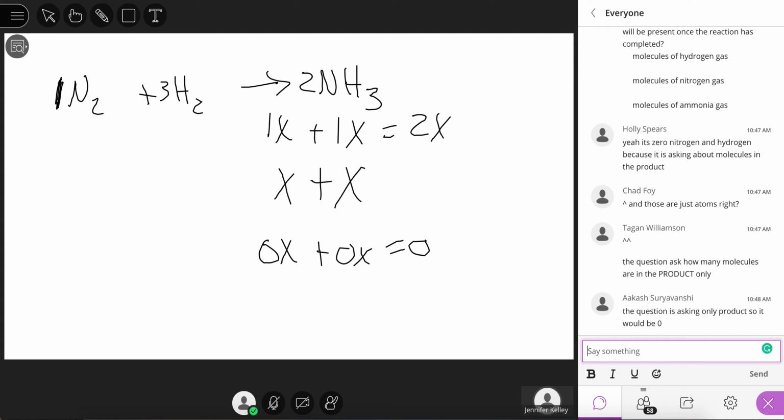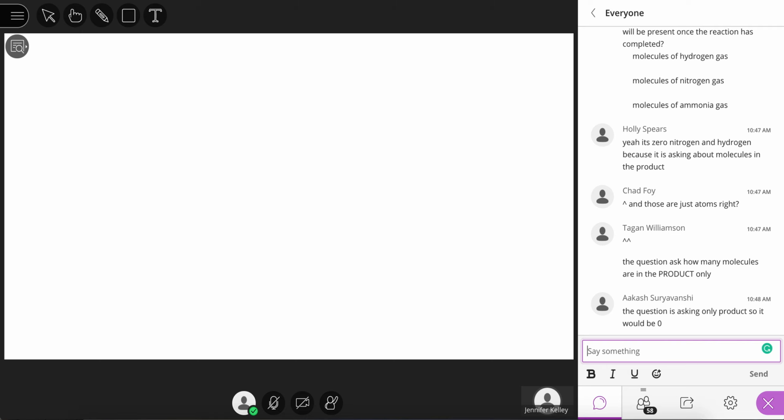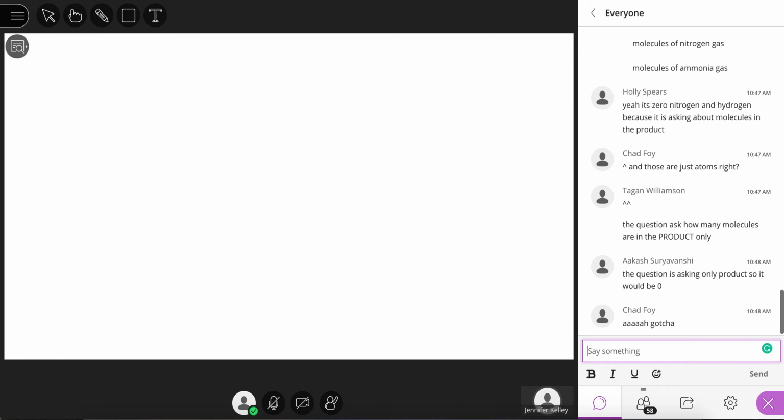Oh, okay. How many molecules are in the product? Okay, yeah, that makes sense. All right, I actually have to take an actual look at the question. So let's take a look at trying to figure out how much we need to make a certain amount.